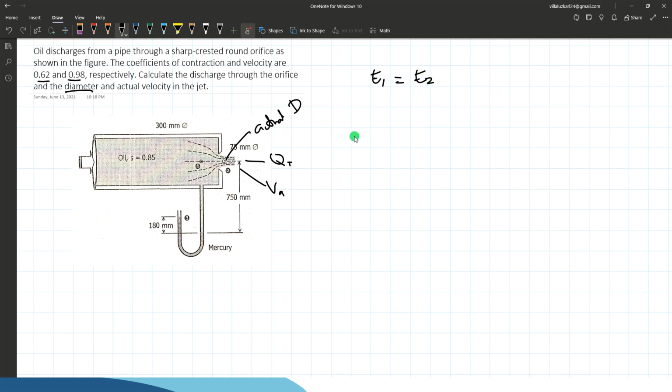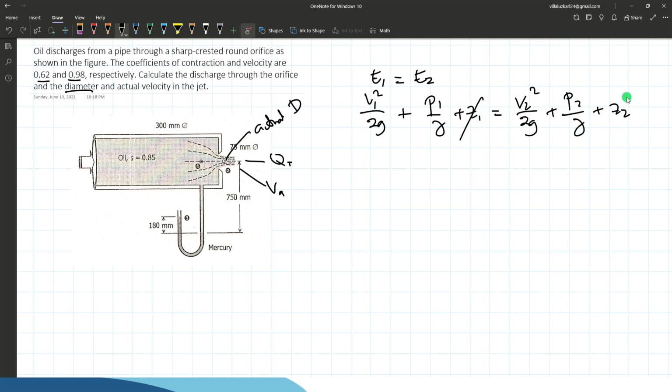At point 1 we have velocity head, pressure head, Z, and at point 2 velocity head, pressure head, and Z. Z is 0 for both, they are at the same elevation.